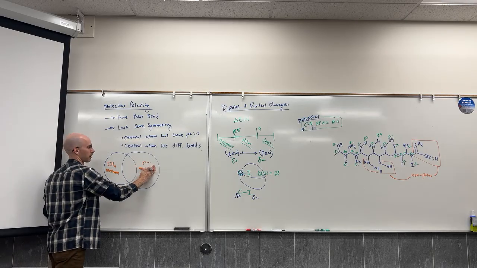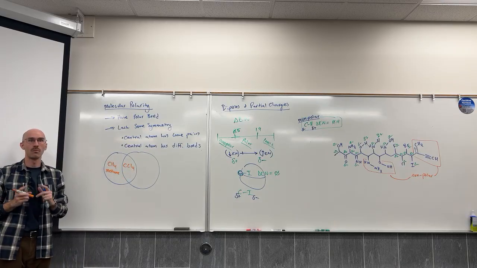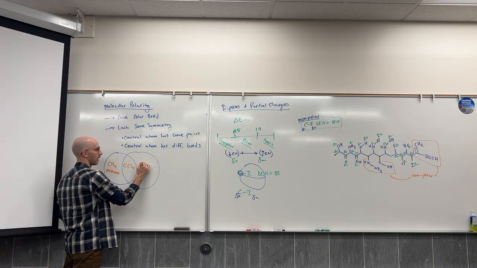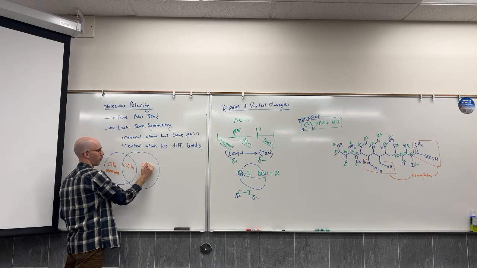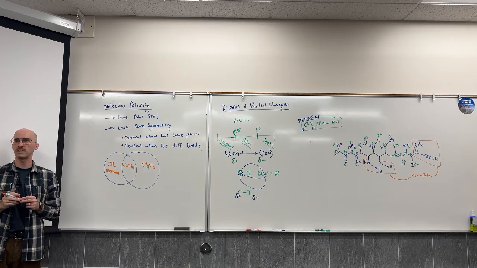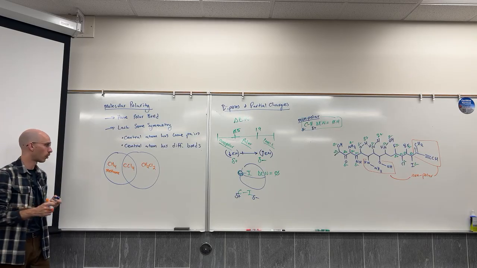Shoot, I put that in the wrong spot. Sorry. CCl4, polar bonds, non-polar molecule. And then we have chloroform, or actually I think I'll do dichloromethane, CH2Cl2, has polar bonds and is a polar molecule.